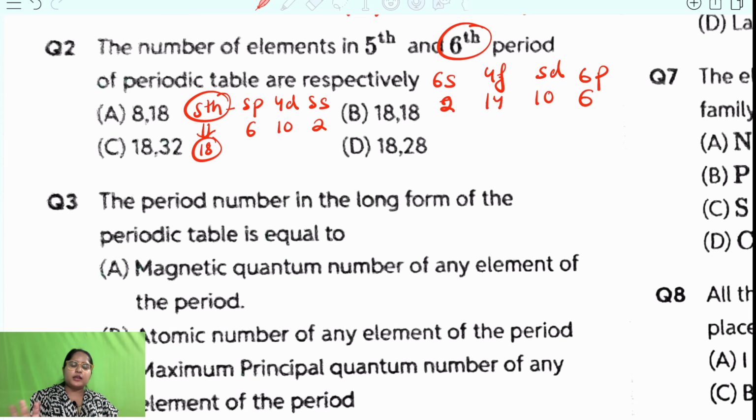Those who don't know, learn here itself along with the questions. p maximum 6 electrons, d maximum 10, f maximum 14 and s maximum 2. So you just add it. 14 plus 6 is 20, then 30, and then 30 plus 2, 32. So we have 18 and 32, option number C, correct?